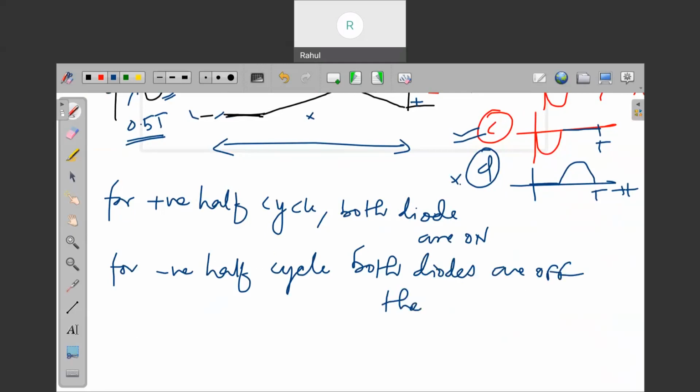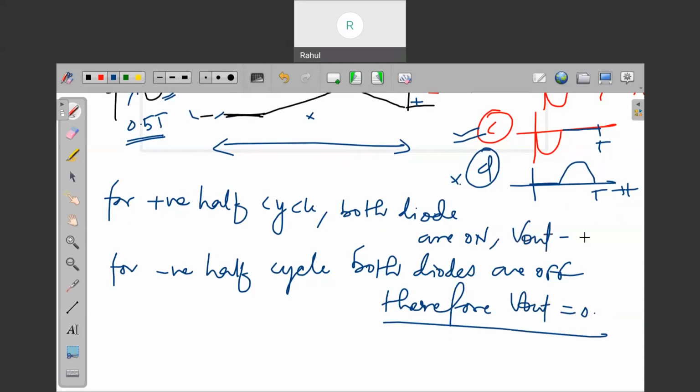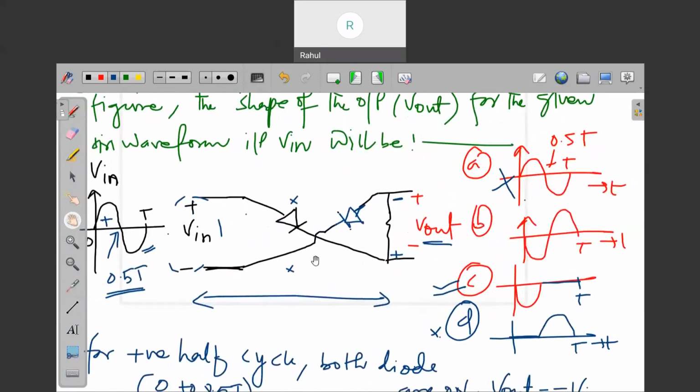Therefore, V out will be 0. In that case, here V out will be equal to minus V in, from 0 to 0.5 capital T. So option C will be the correct answer for this question.